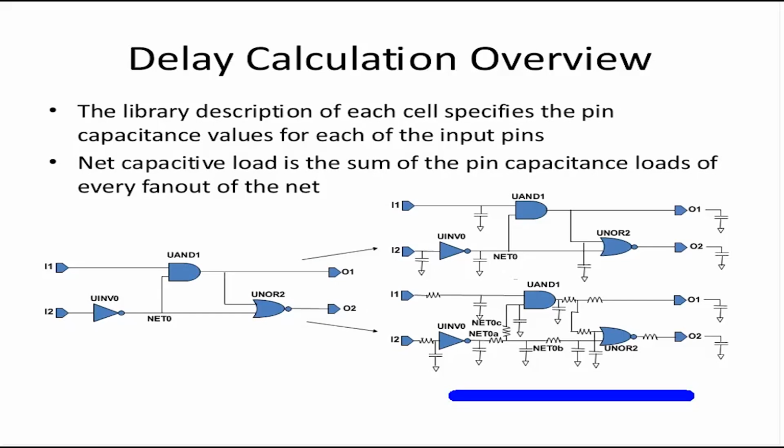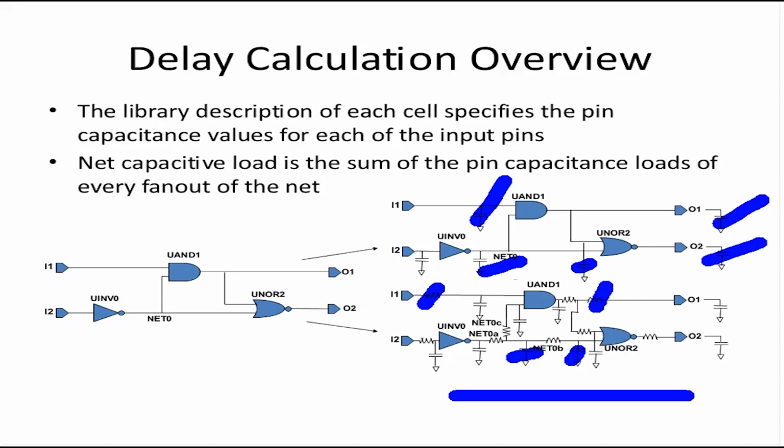The figure on the top does not have any R values, only C values. These are the pin cap values coming from the library itself. Here, this R value and this C value come from the parasitic data.